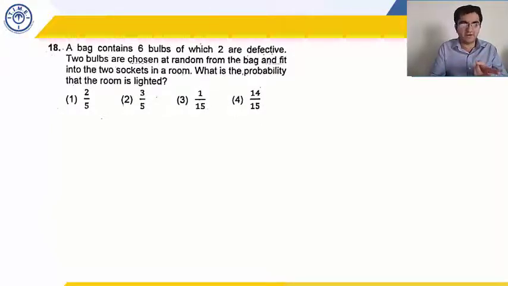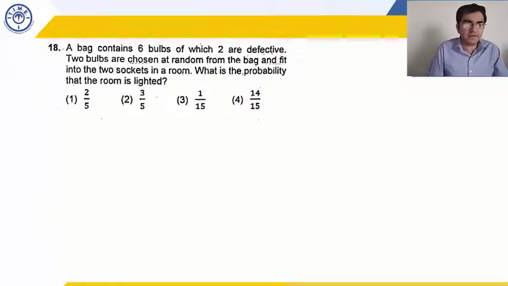Second option, 1 works, 1 does not work. First one works, second does not work. Then first does not work, second works, and last one, both don't work. These are your 4 options. Has to be one of these.